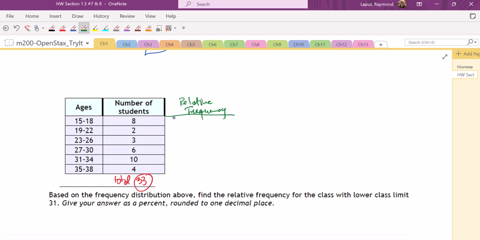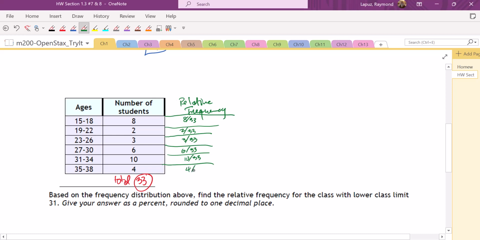And what we're looking for are values of the frequency divided by the total. So 8 out of 33. Now you can write your answer as such: 2 out of 33, 3 out of 33, 6 out of 33, 10 out of 33, and 4 out of 33.